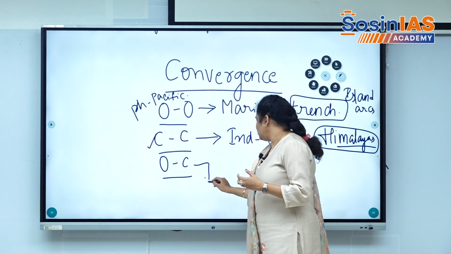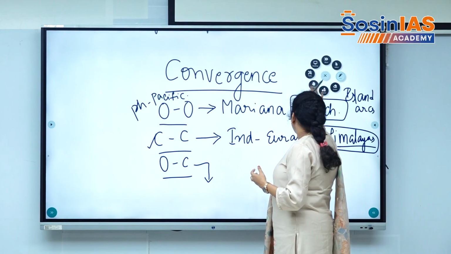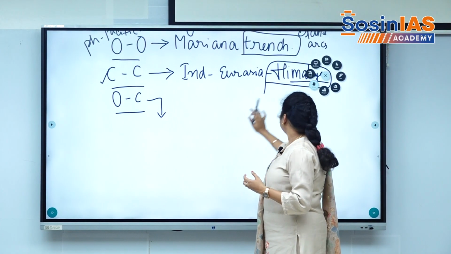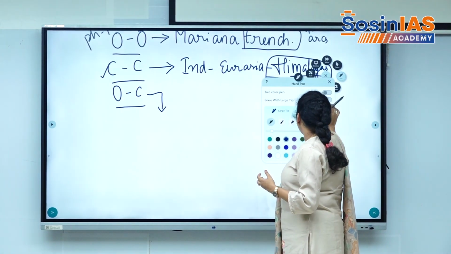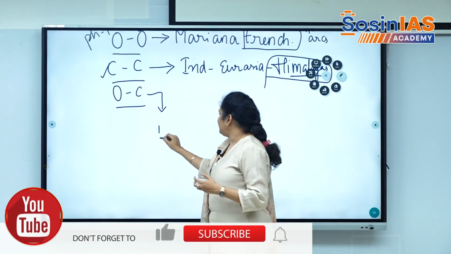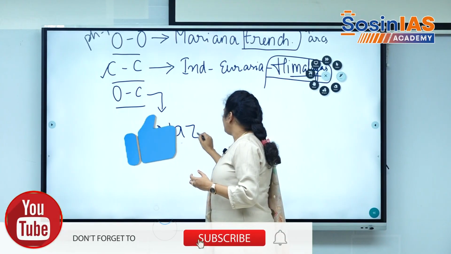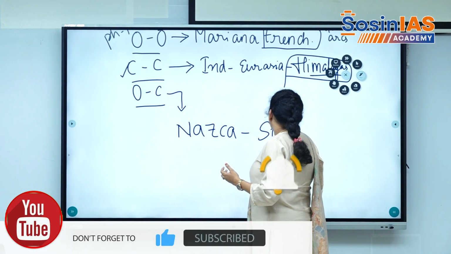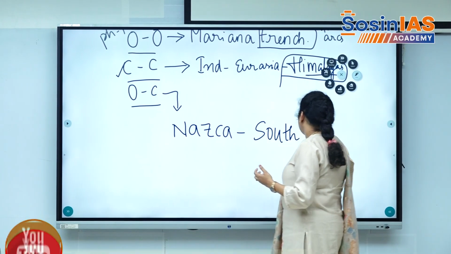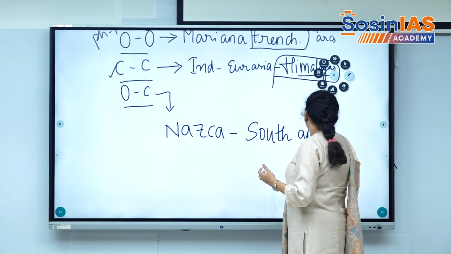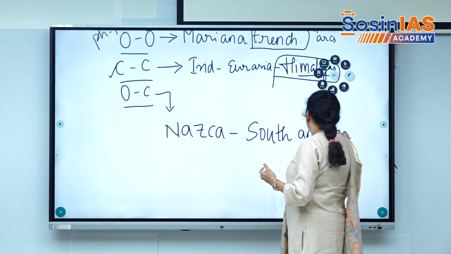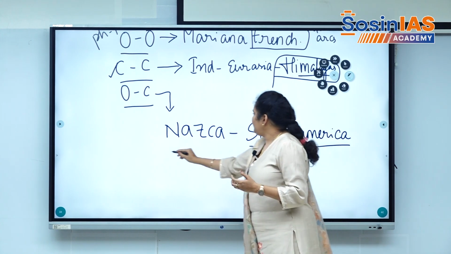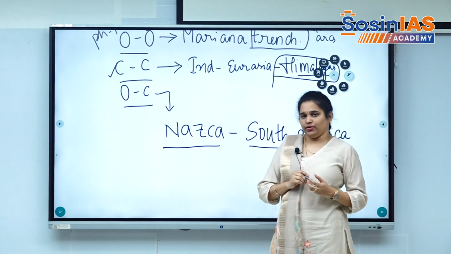Then when it comes to ocean-continent convergence, the best example is your Nazca plate interacting with the South American plate. As I told you, the whole Earth's surface is actually divided into different plates. So, the Nazca plate and South American plate are an example for ocean-continent convergence.